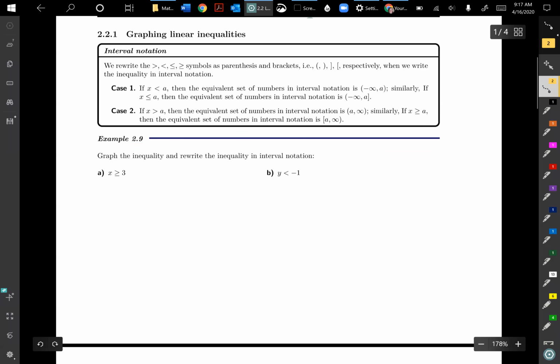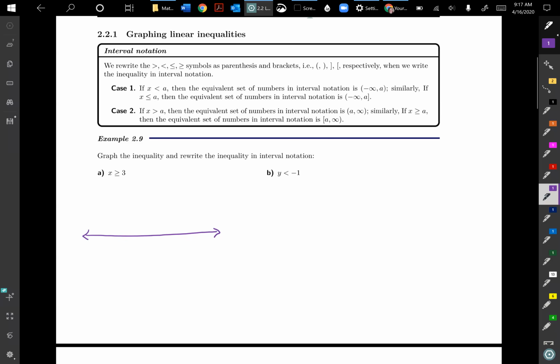So example 2.9 is graph the inequality and rewrite the inequality in interval notation. The first thing we're going to do is draw some number lines, just like this with a straight line. You can use a straight edge if you want. I don't have a virtual ruler in here, and those are kind of tricky to use anyway to position accurately.